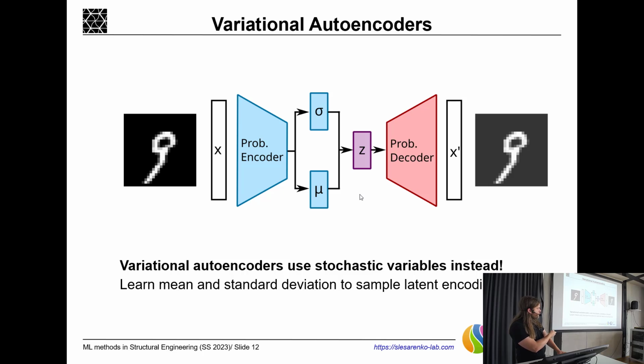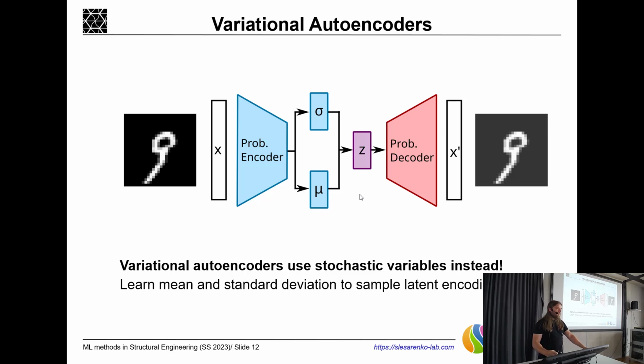And then we decode this value. So now our 9 doesn't necessarily map to the same encoding. Since this is a distribution, for the same input we can get slightly different encodings, a tiny bit different.